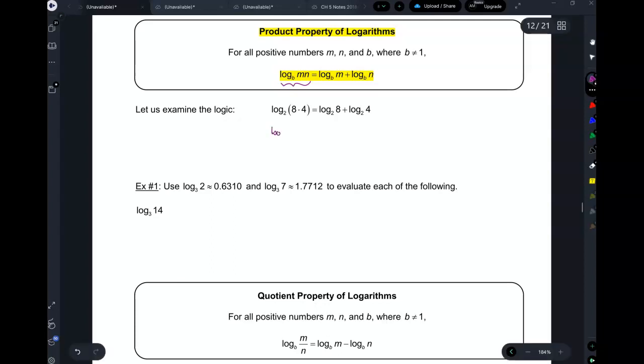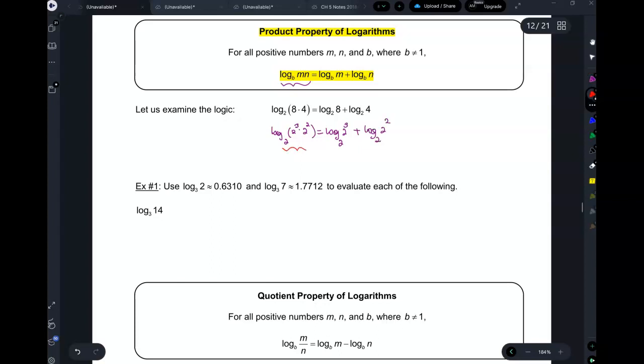So this is log base 2, 8 is 2 cubed, 4 is 2 squared, okay? So again, this is the total exponent here. Well, that's the same as the exponent of just this plus the exponent of just this, right?